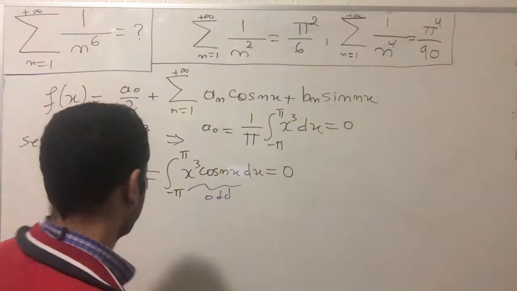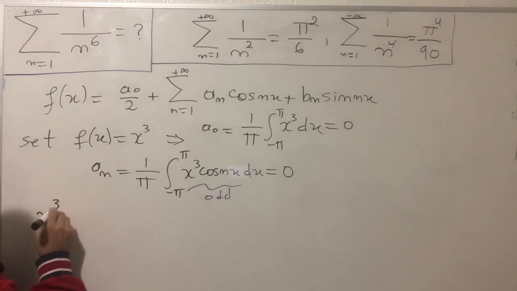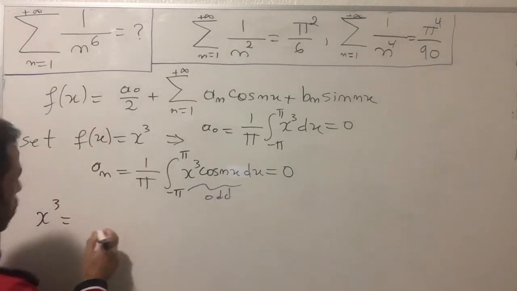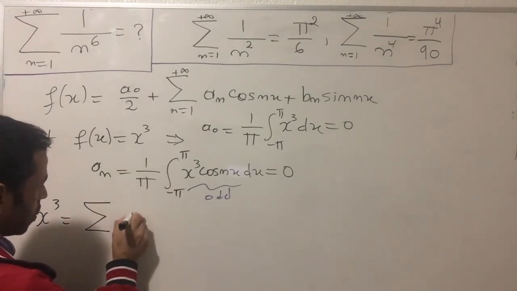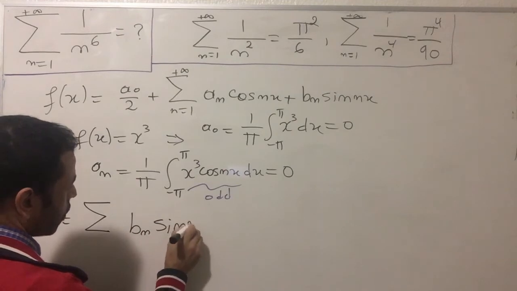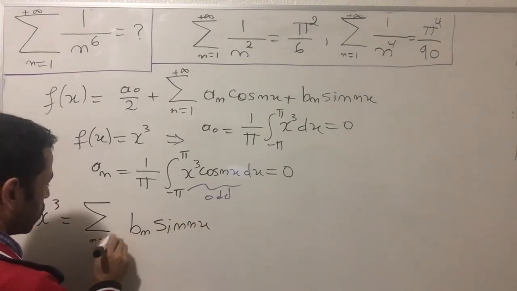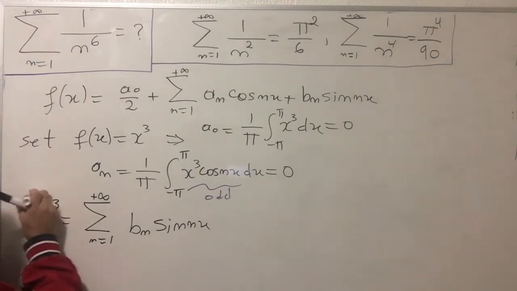So what's left? X cubed as a function equals the sum of b sub n multiplied by sine of nx as n goes from 1 to plus infinity. Okay, so I will work on this one now.